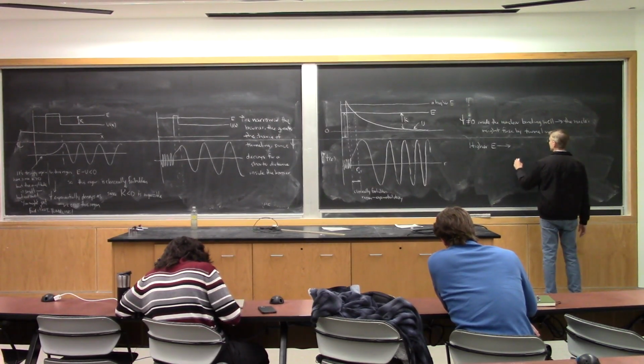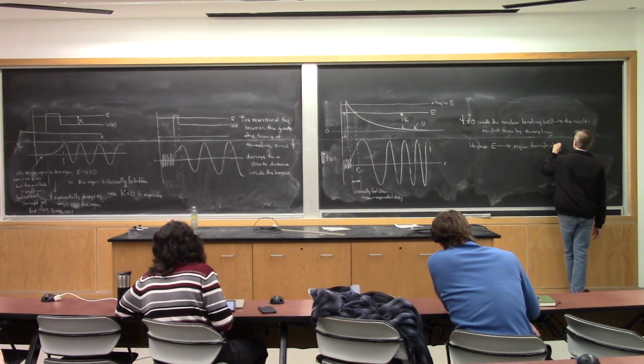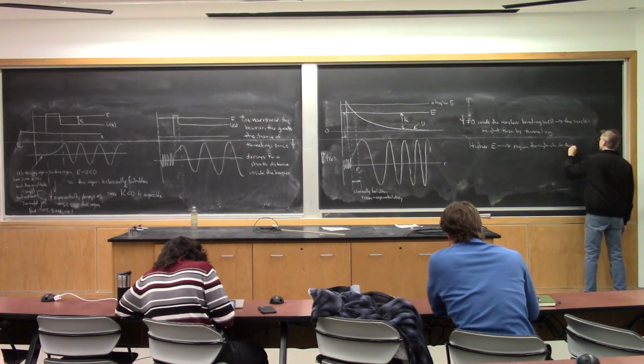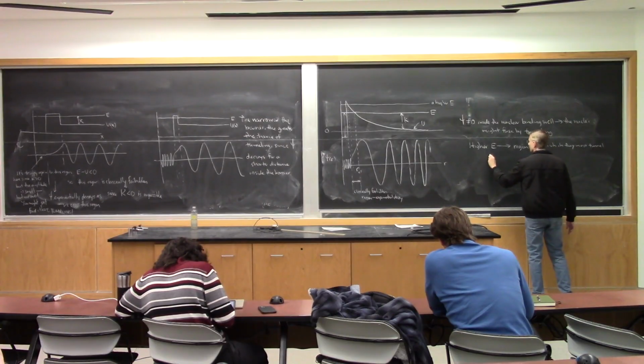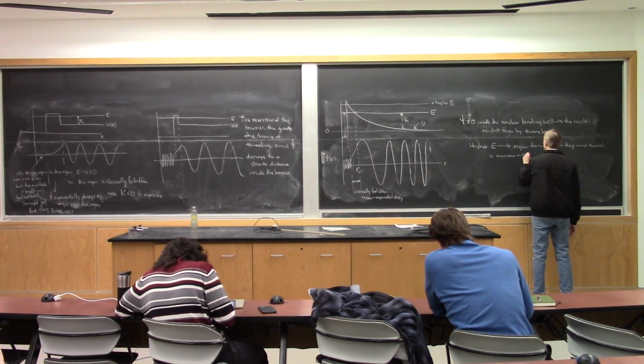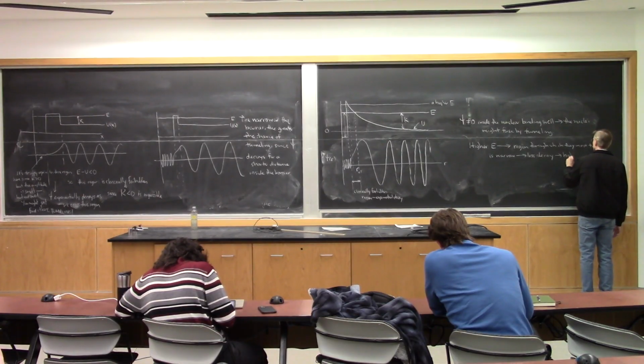Higher E means the region through which they must tunnel is narrower. Less decay, higher probability of tunneling.